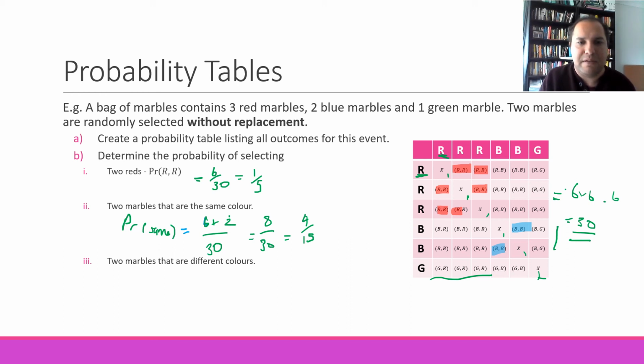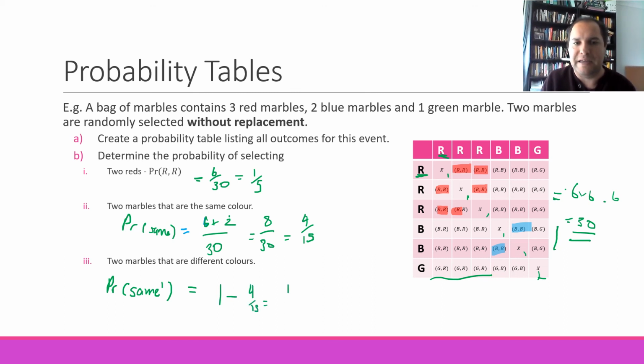Now, getting 2 marbles that are different colors, we can do that the same as before. That's the same as the complement of the marbles being the same. The opposite of being the same is that they're different, so that's our complement. So 1 subtract 4/15, which will be 11/15 for that one.